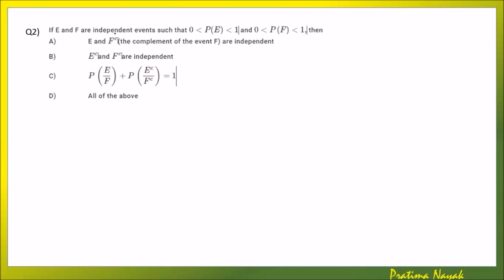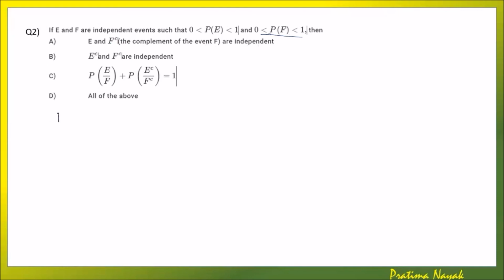Now E and F are independent events such that P(E) is greater than or equal to 0, less than or equal to 1, and P(F) is also greater than or equal to 0, less than 1. Then E and F complement, if E and F are independent.